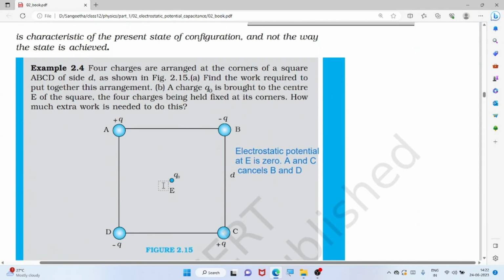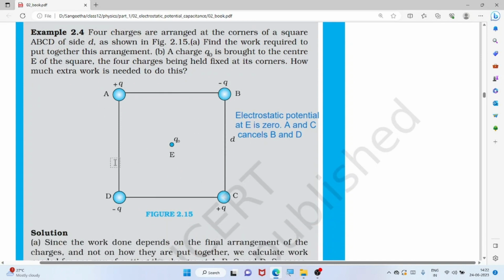Here, when we bring this charge, the work done will be 0 because the electric field due to this minus q and plus q will get cancelled, since we are bringing it to the center. The electrostatic potential at E, that is the center, is 0. Okay, A and C and B and D will cancel out.